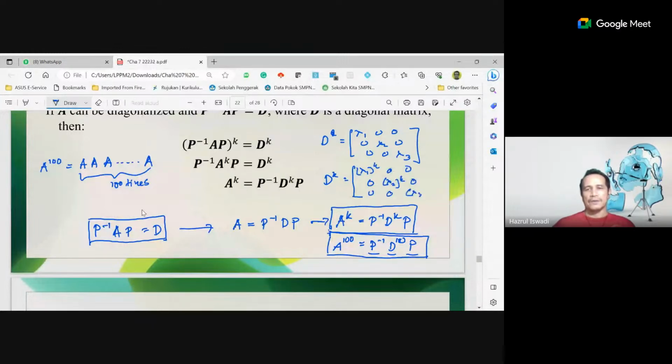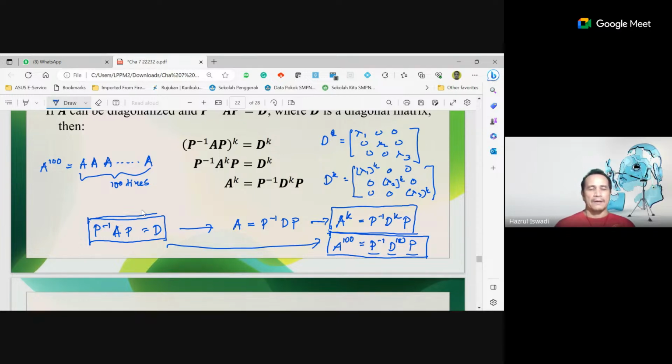So we don't need to multiply k times, just only like this. This is the consequence of diagonalization.